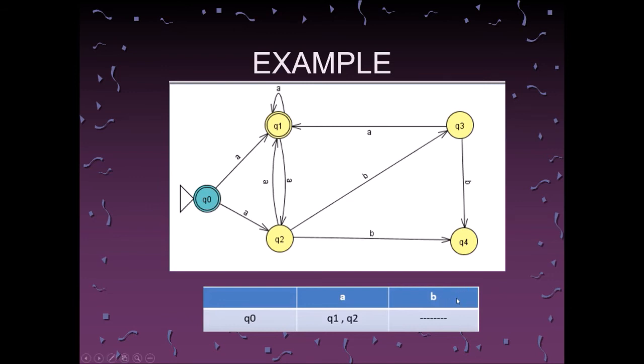For the transition B, in the state number 1, that is Q0, we don't have transitions, so we don't write anything. After, we go to the second state, Q1, and check the same as before. Here, in this case, Q1 goes with A to itself.